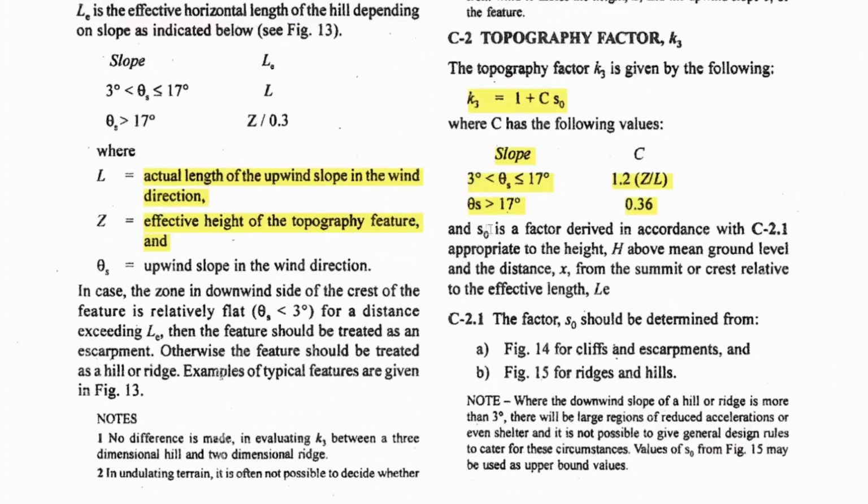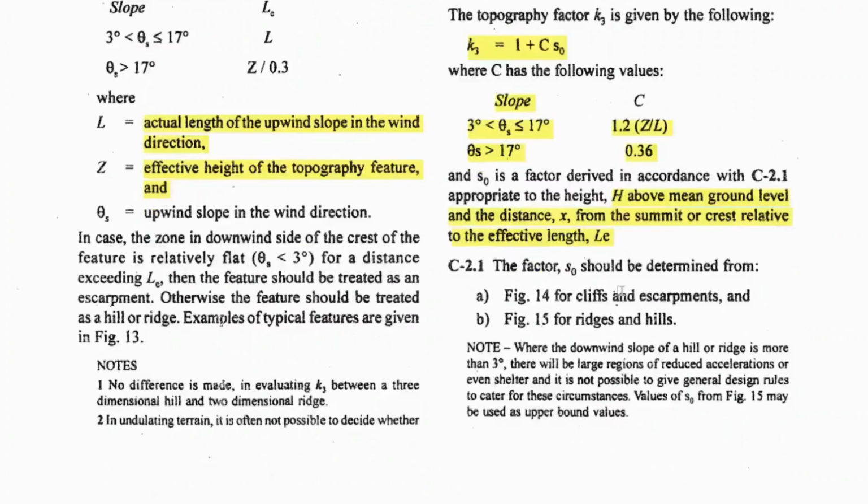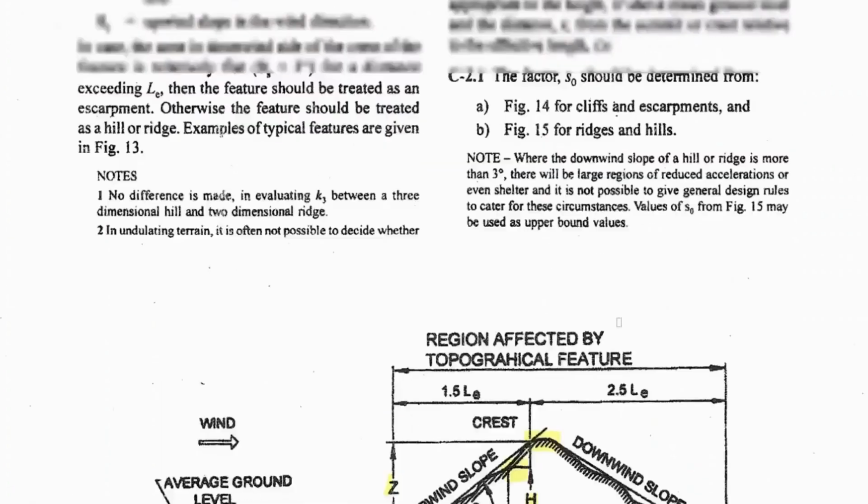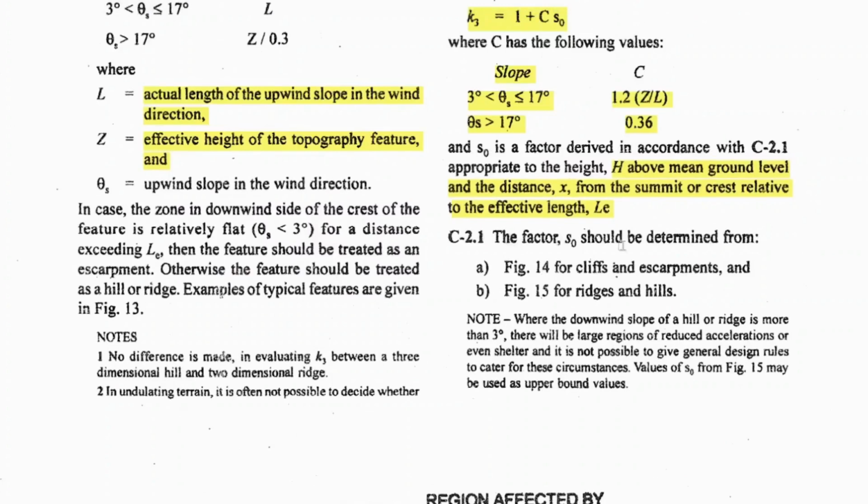S naught is derived according to C 2.1 at an appropriate height h above the mean ground level and the distance x from the summit or crest related to the effective length L. This is your h and this distance is your x. The factor S naught can be determined using Figure 14 and Figure 15 according to the condition.